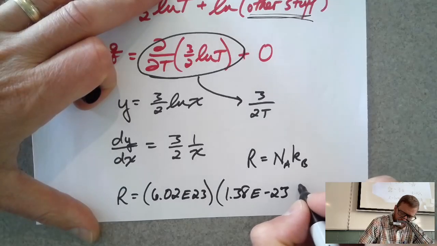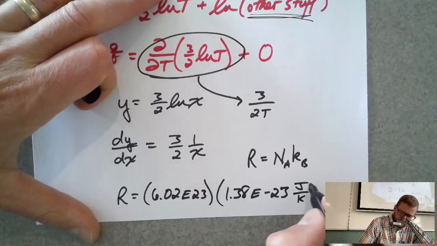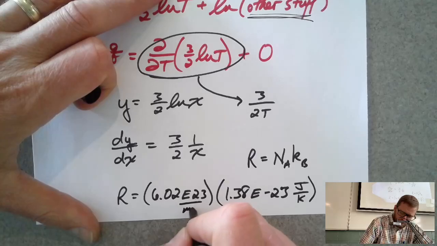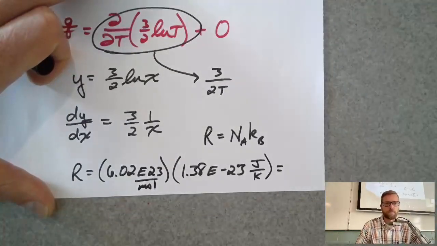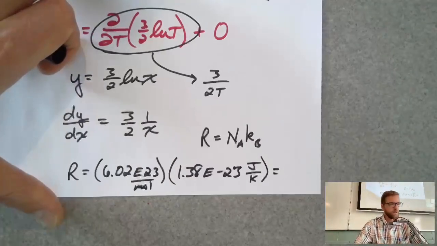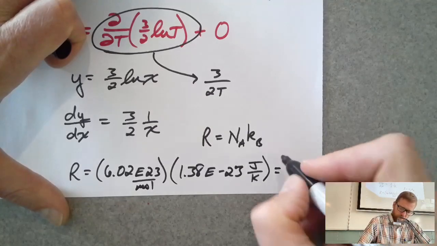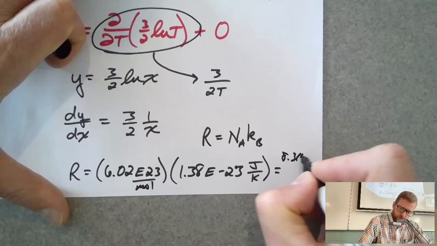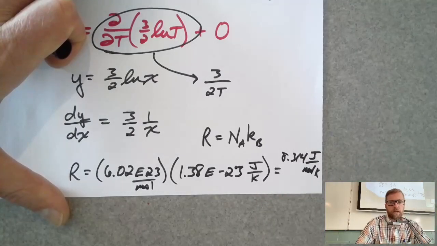It's in units of joules per Kelvin. This is per mole. So if you crunch that, what do you get? It should be like 8.314, yeah, which is the ideal gas constant R.